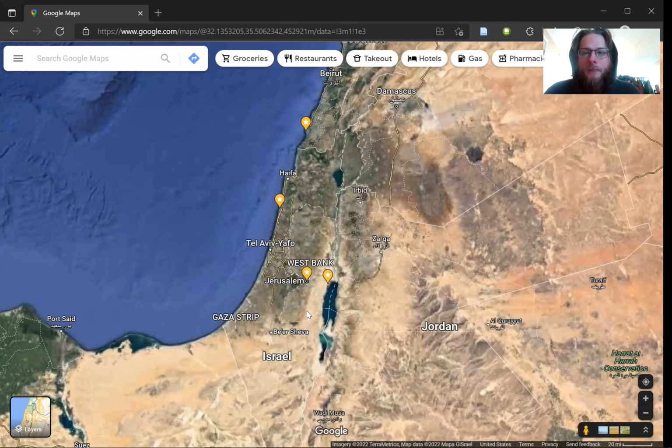You have to come sacrifice here, and in order to sacrifice, you have to pay the temple tax, which is a half shekel per person. Okay, so it would be a full shekel for a married couple to come sacrifice, and you come and buy a pair of doves and you sacrifice them, and that's your obligation.